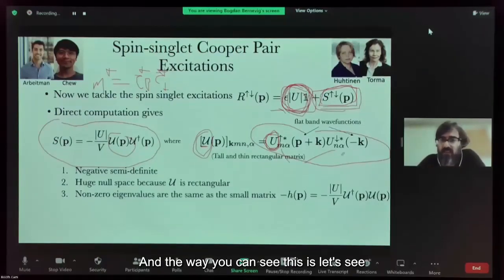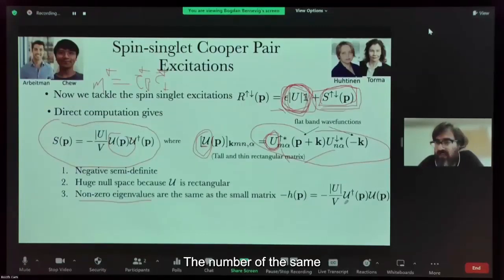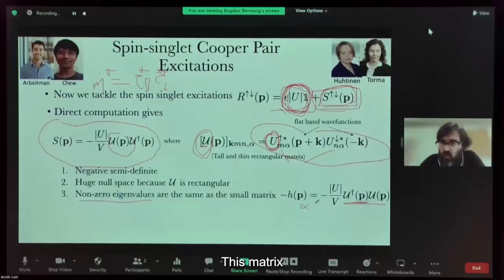And the way you can see this is the following. You can see here that the number of non-zero eigenvalues of U dagger U is the same as those of the matrix U U dagger. Now this matrix U dagger U here has dimensions of order alpha beta.